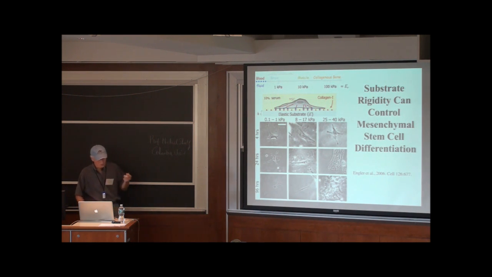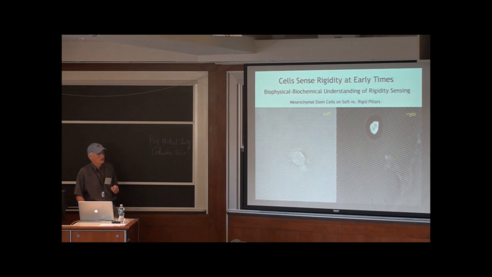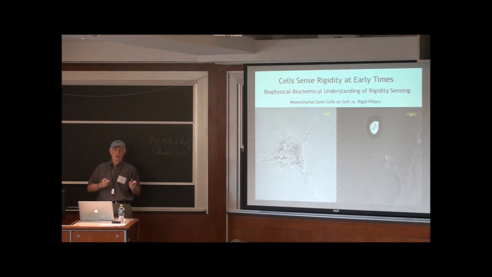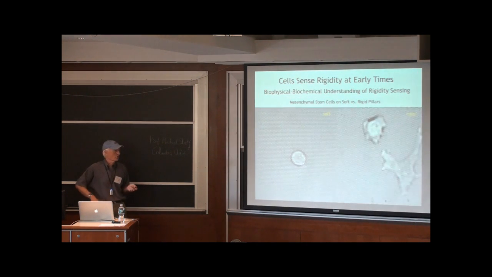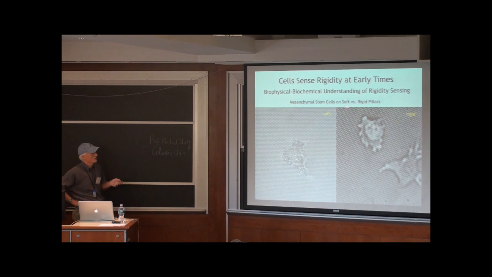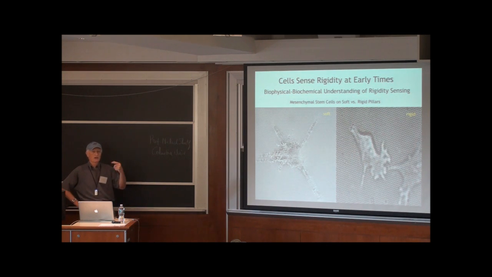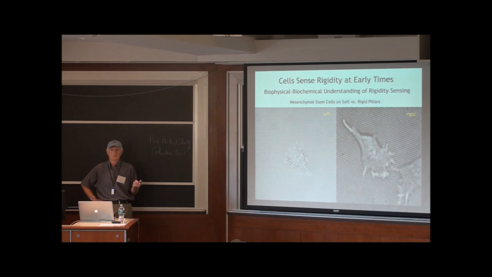So this is a long-term behavior, but even at earliest times, we can see that the cell senses the rigidity of the environment. So here we're putting mesenchymal stem cells onto soft or rigid pillars and looking at their initial reactions to those surfaces.